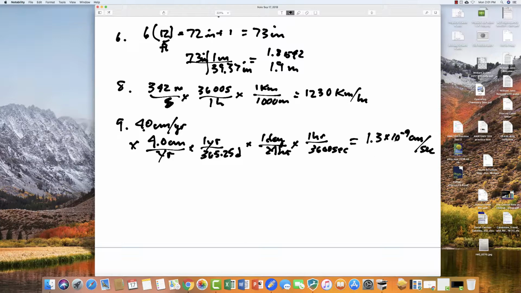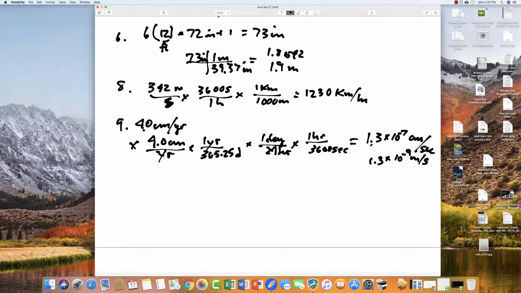I've got centimeters per second. The answer I got is 1.7 times 10 to the minus 7 centimeters per second, which in meters per second is 10 to the minus 9 meters per second. You just divide this by 100 centimeters in a meter. I didn't read the problem carefully enough, which is another lesson. You have to make sure you read the problems very carefully.